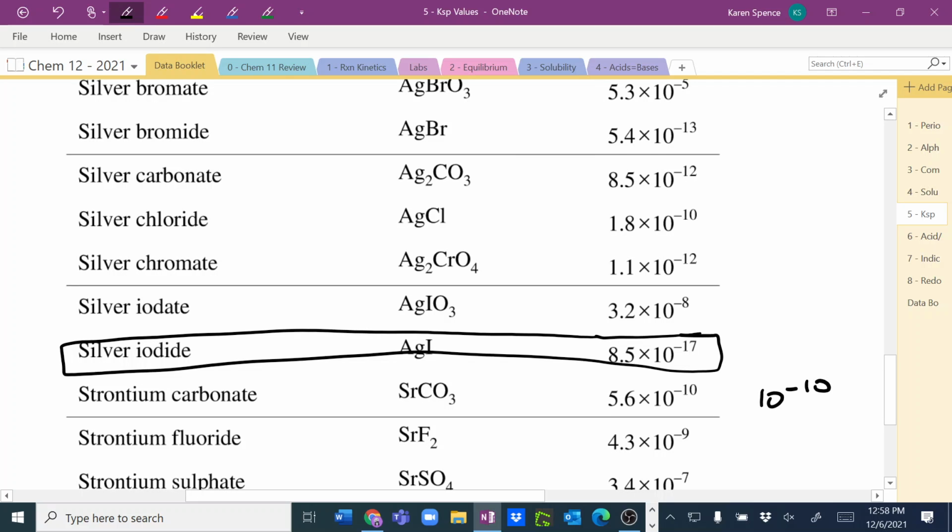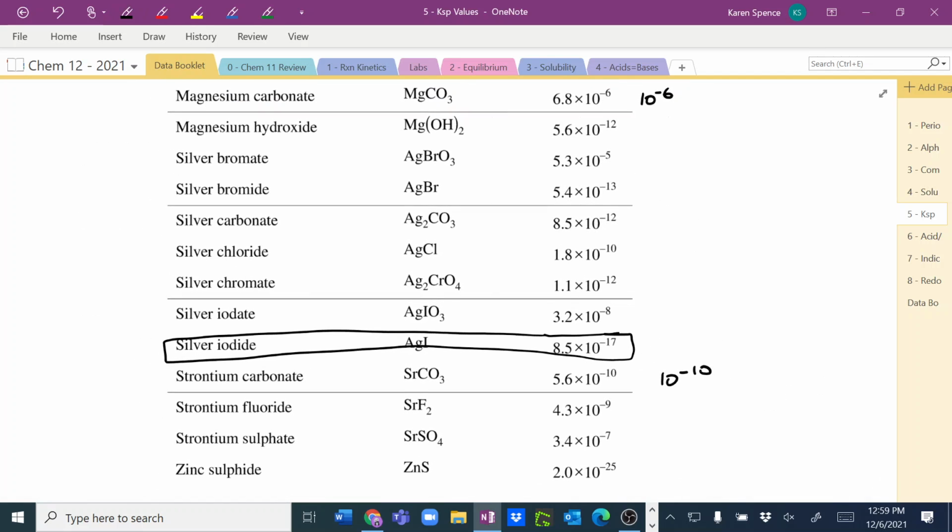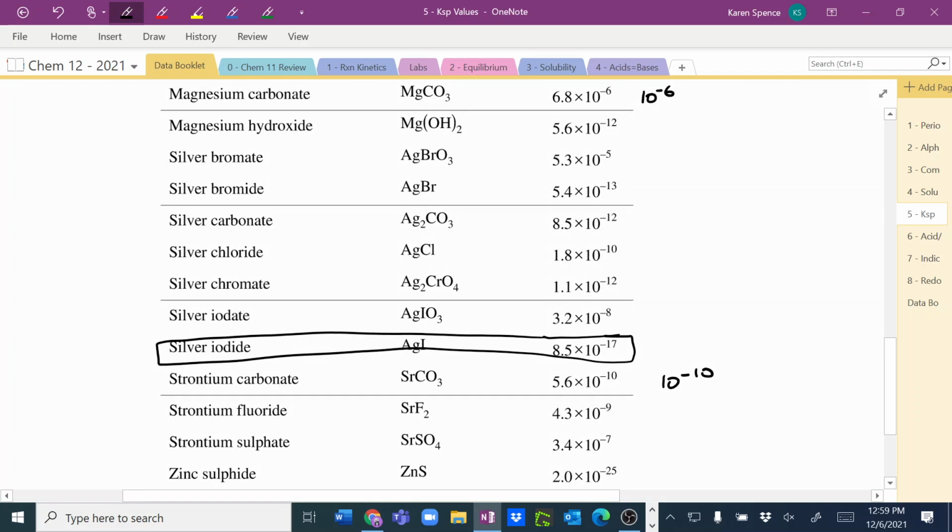Ooh, so strontium is going to have a lower concentration than magnesium. Does that make sense? Because its KSP value is lower, and it has the same ratio of strontium to carbonate as calcium to carbonate. So strontium is going to have a lower concentration of carbonate than magnesium.